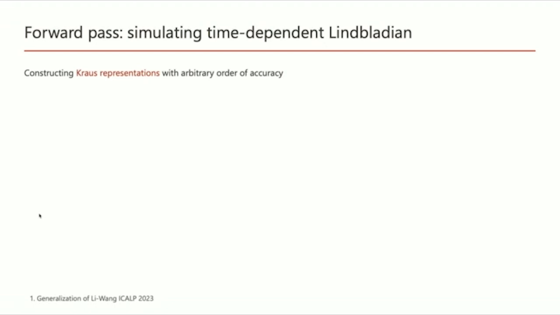So here, we're going to use an algorithm that we developed previously for time-independent Lindbladians, and it is based on a Kraus form representation of the quantum channel. So essentially, the dynamics of the Lindblad equation forms a quantum channel, and so we're going to represent that channel in the Kraus form. Okay?